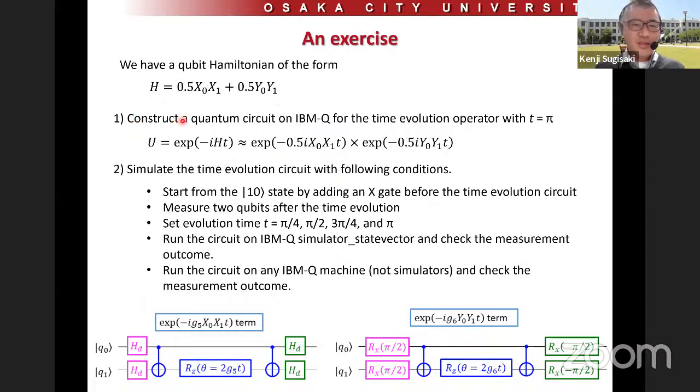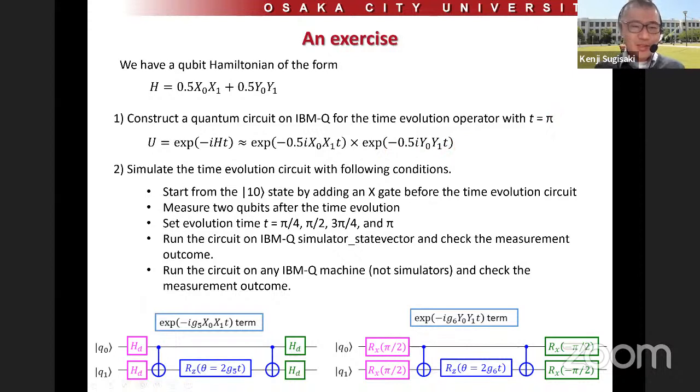Please construct the quantum circuit on IBM Q for the time evolution operator with t equal pi. This time evolution operator can be written by applying a Jordan-Wigner transformation. By applying a Jordan-Wigner decomposition, this time evolution operator can be decomposed into exponential minus 0.5i X0 X1 t times exponential minus 0.5i Y0 Y1 t. So please construct the quantum circuit on IBM Q for the time evolution operator with t equal pi.